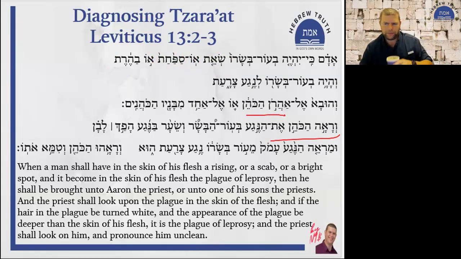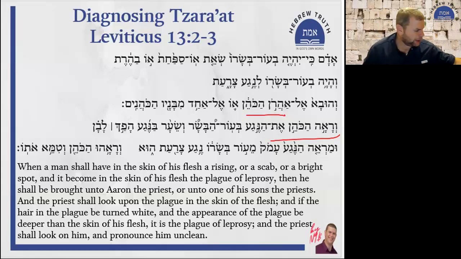So it's very interesting, the borderline between spirituality and physicality in the question of tzara'at. What does it mean? In many places in the Bible, tzara'at is playing on this border between physical and spiritual.